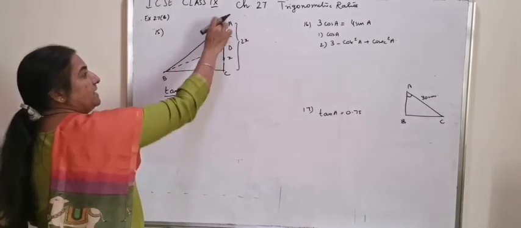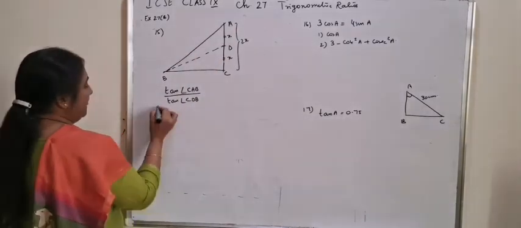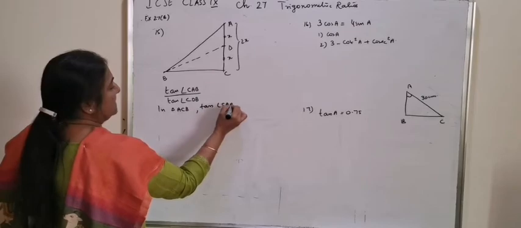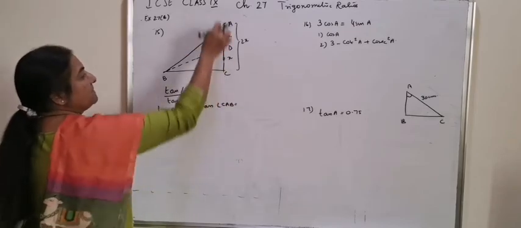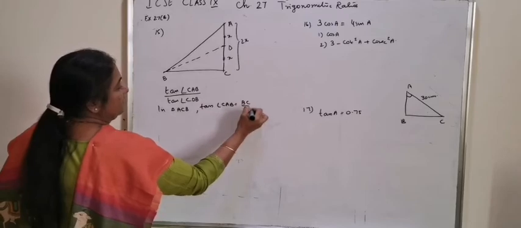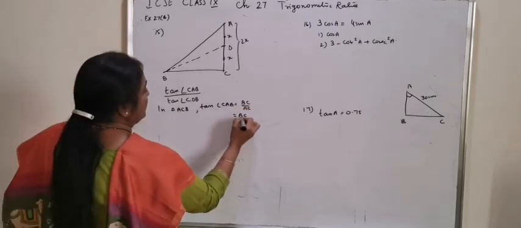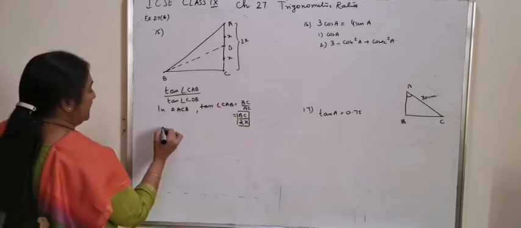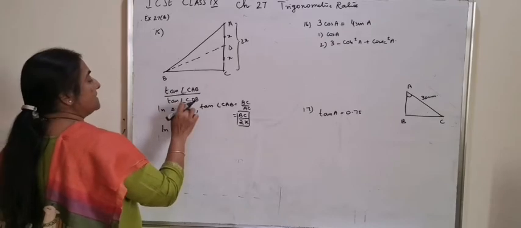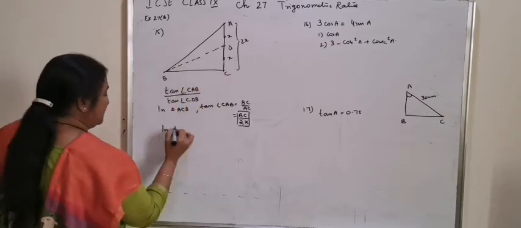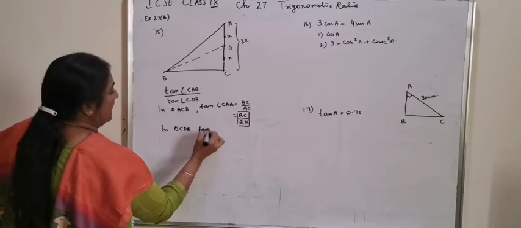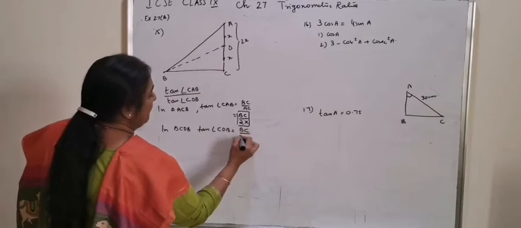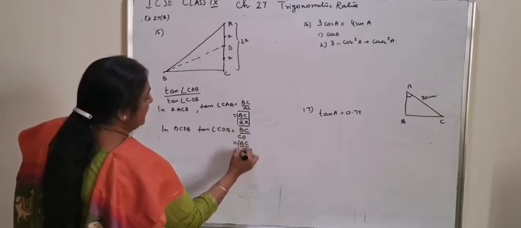CAB is in triangle ACB. So in triangle ACB, tan angle CAB is equal to BC by AC, which is the same as BC by 2x, since AC length is 2x. Similarly, in triangle CDB, tan angle CDB is equal to BC by CD, which is equal to BC by x.